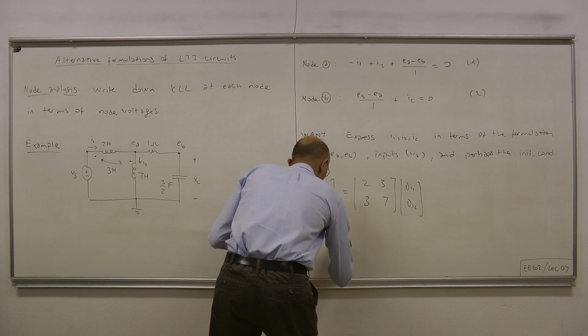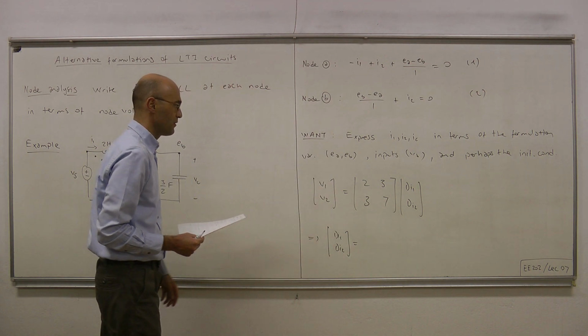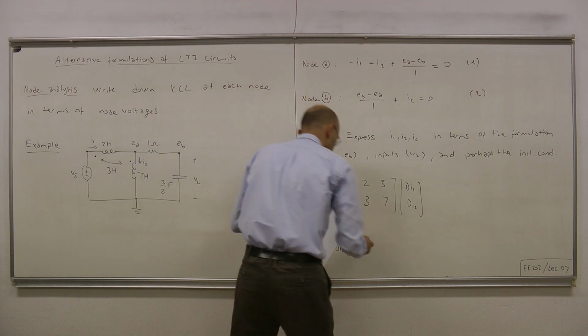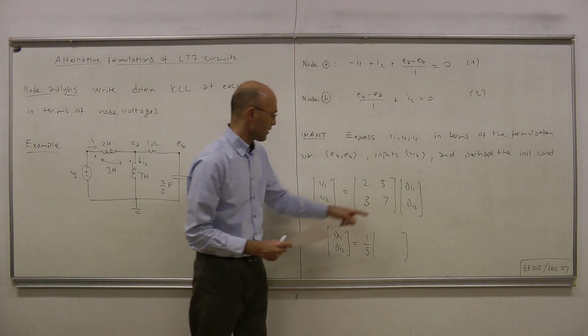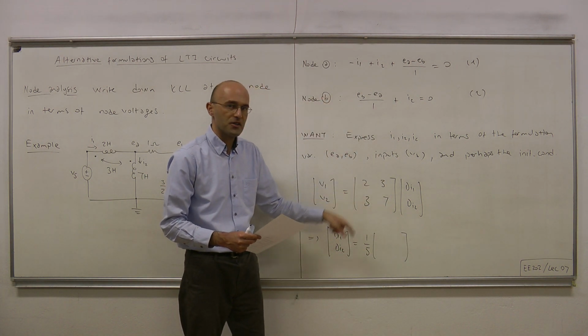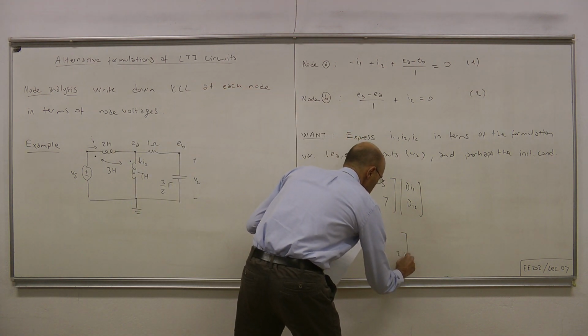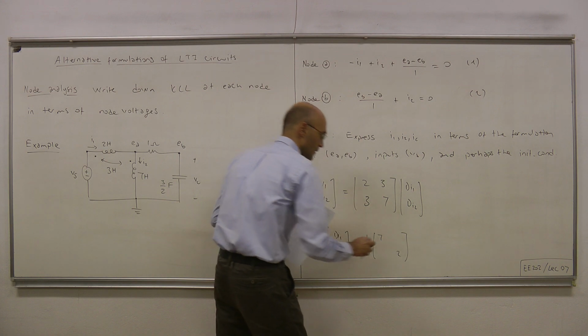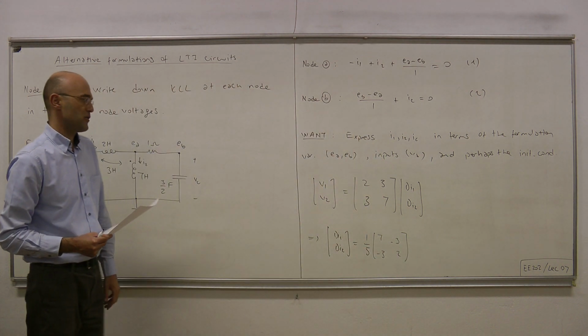So this implies di1, di2 equals multiplying both sides with the inverse of the inductance matrix, which is 1 over the determinant. Okay, 14 minus 9, that's 5, 1 over 5, and then 7 goes here, 2 goes here, and then you negate the off-diagonal terms, minus 3, minus 3.